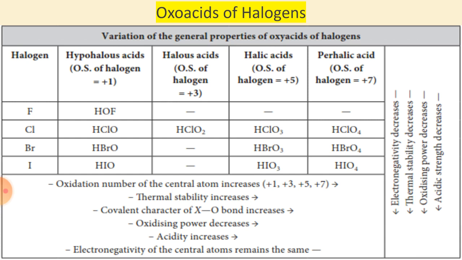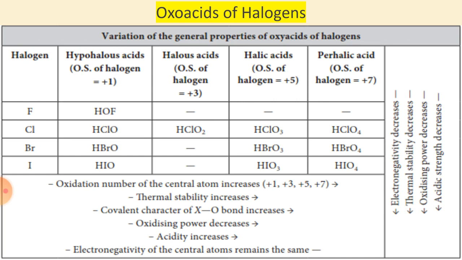So an acid having this type of structure is known as an oxo acid. Now students, I told you that due to high electronegativity and small size, fluorine forms only one oxo acid, that is HOF, which is known as fluorine(I) acid, or you can say hypofluorous acid.